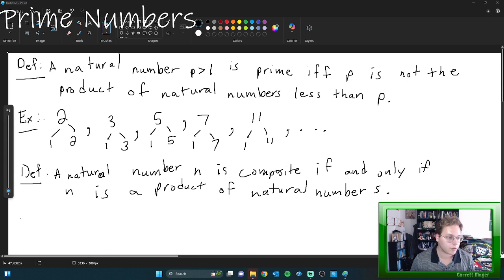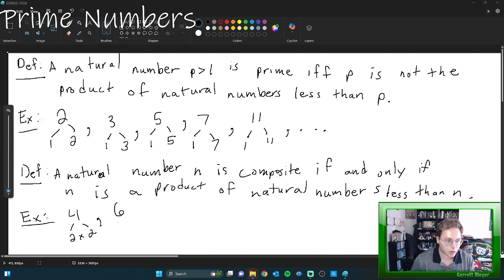So, similarly, for some examples of this, let's look at, for example, 4, which is 2 times 2. 2 and 2 are both less than 4, so it's a product of natural numbers less than n. Sorry, I didn't finish the definition. Sorry about that. Okay, so 4 is the product of 2 and 2, so it's the product of natural numbers that are less than 4.